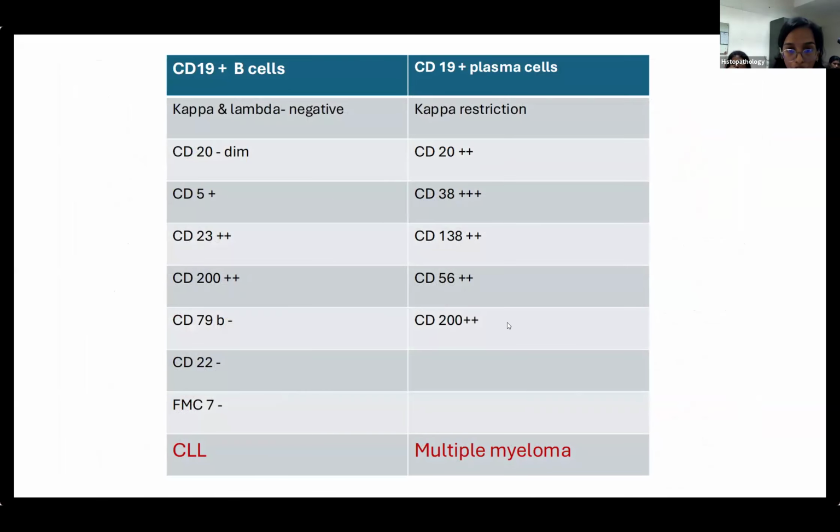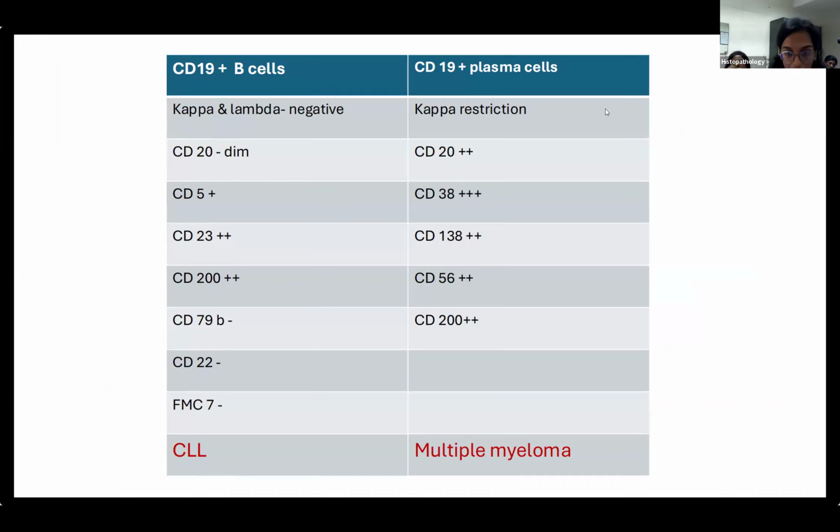So, summary of the immunophenotyping: there are two populations, that is CD19 positive B cells and CD19 positive plasma cells. These B cells, the red population, were kappa and lambda negative, CD20 dim, CD5 positive, CD23 and CD200 bright positive, CD79B, CD22, FMC7 negative, which shows the immunophenotype of chronic lymphocytic leukemia.